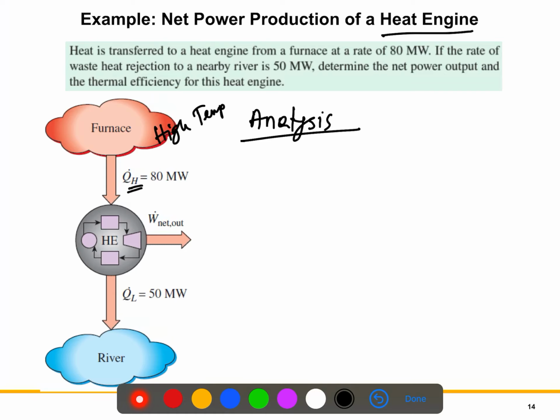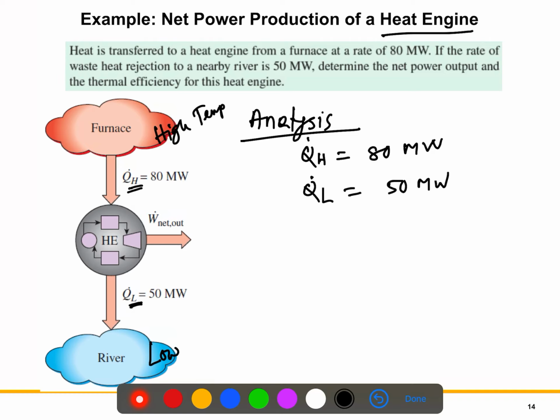And the river is the low temperature reservoir, so we denote this heat transfer by Q_L. If you see this schematic, it's given here. This is a very easy problem. Q_H is 80 megawatt and Q_L is 50 megawatt. So that we know.